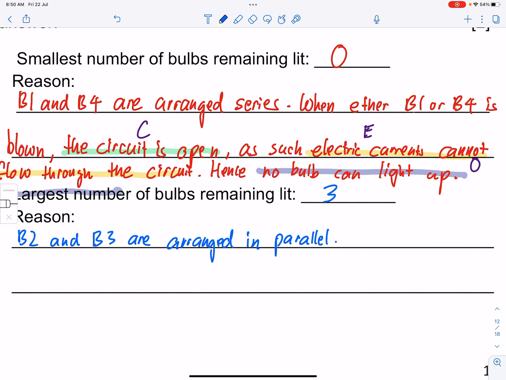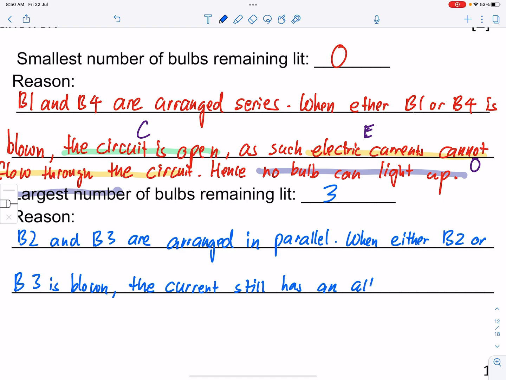So when either B2 or B3 is blown, the current still has an alternative electrical path, and the circuit is still closed.